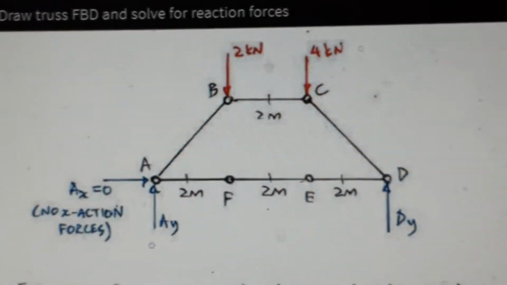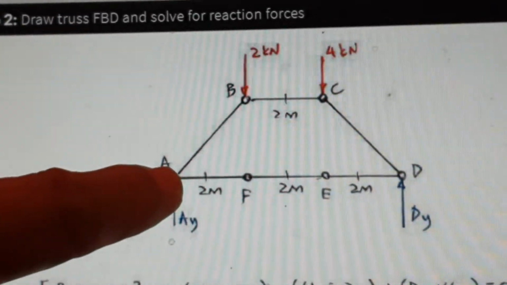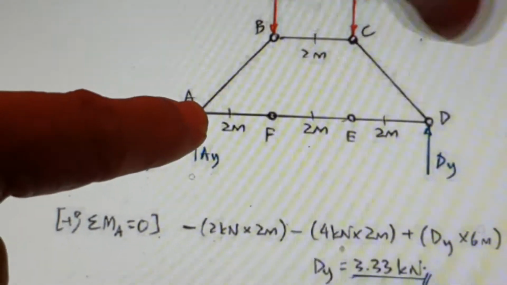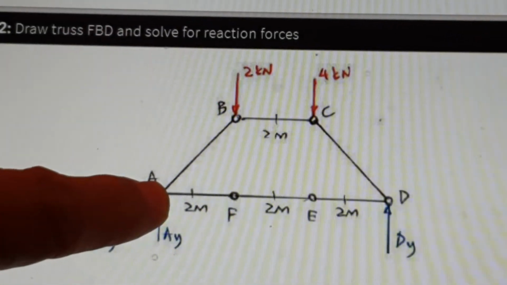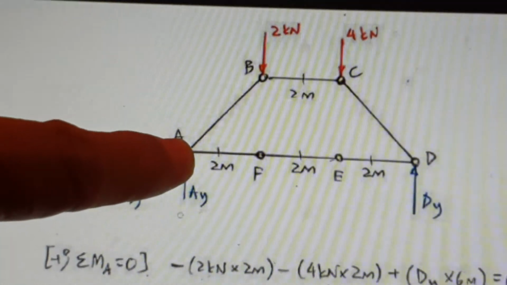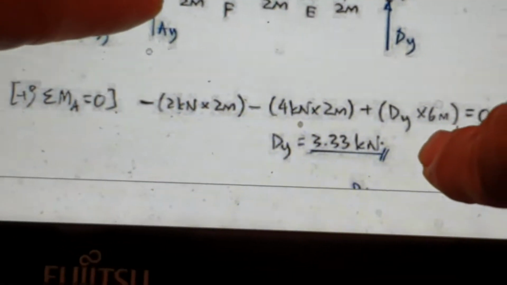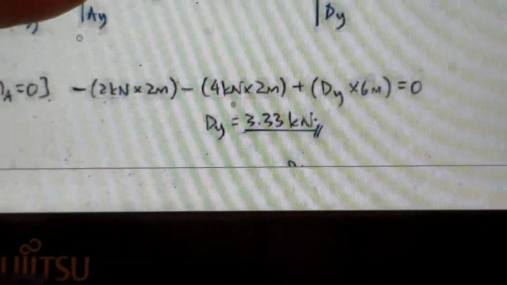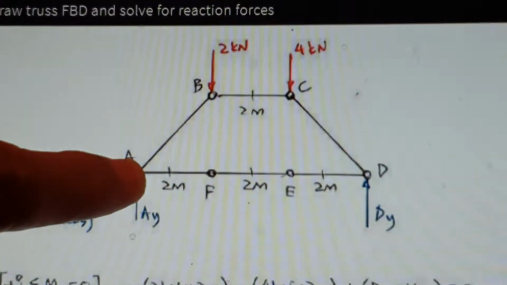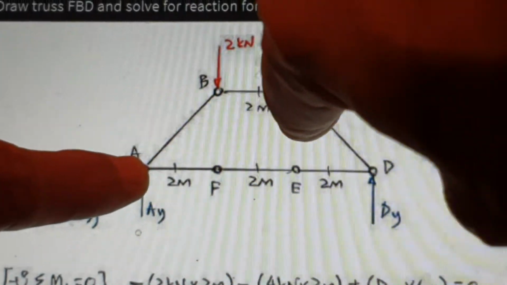Let's do summation of moment. Let's take moment at A equal to 0. So this force will pull the truss positive, Dy times 2, 2, 2, 6. So Dy times 6. See that? This force, 4, will pull the truss negative, clockwise. 4 times 2, and there's another 2.